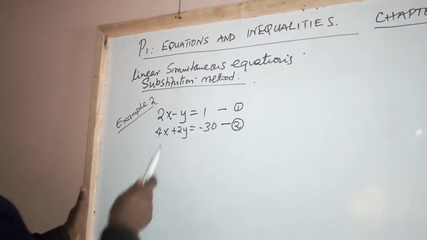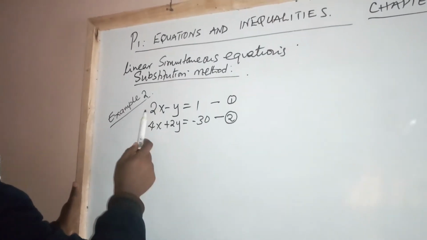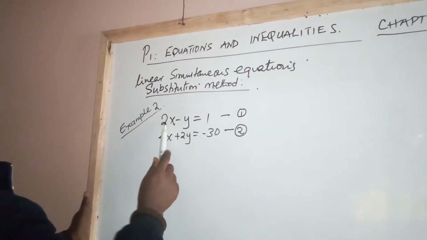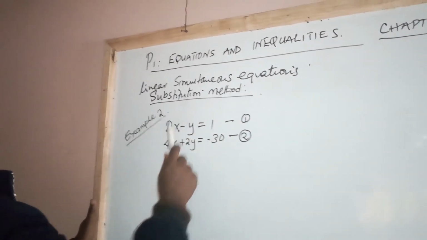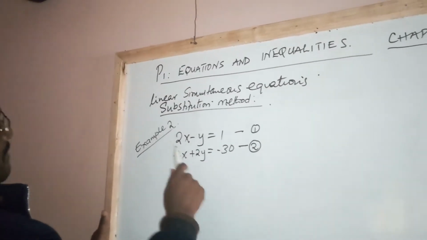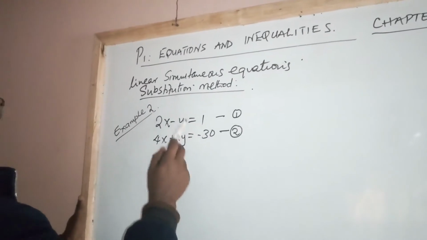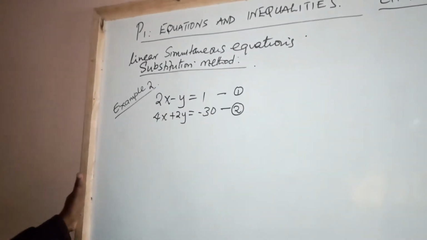It is easier than expressing x in terms of y, because then you will take y across, that is easy, but you will have to divide the whole equation by 2. And because the coefficient of y is just 1, we don't have to divide by anything.